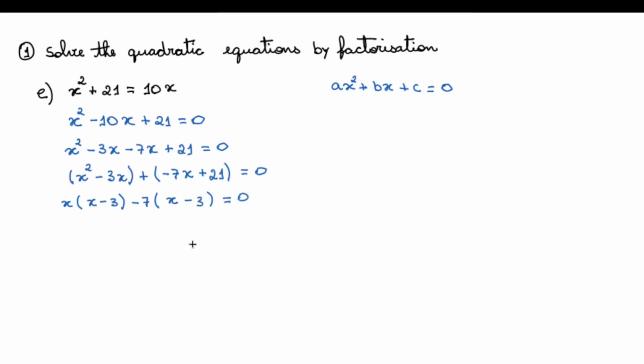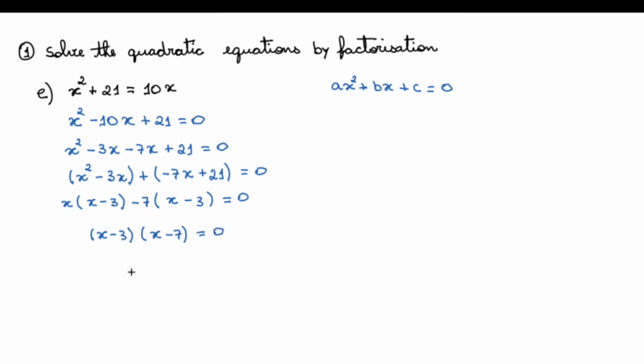equals 0. Notice that now x minus 3 is a common factor of both terms. So we factor out x minus 3, and then we have x minus 7 equals 0.